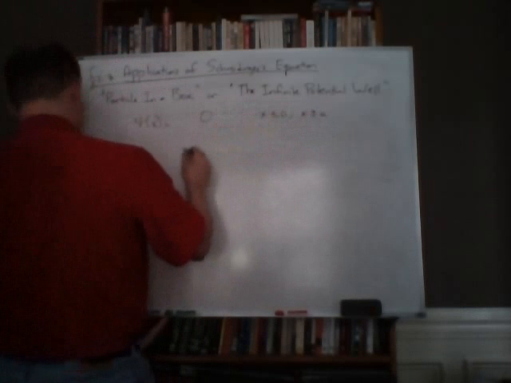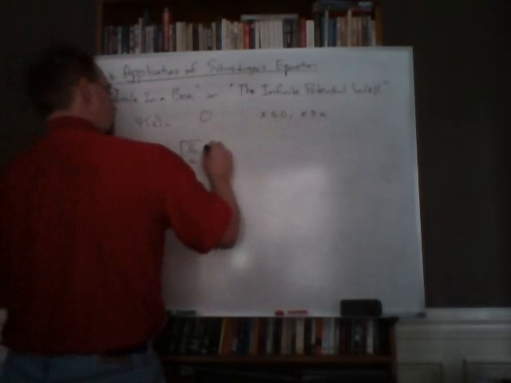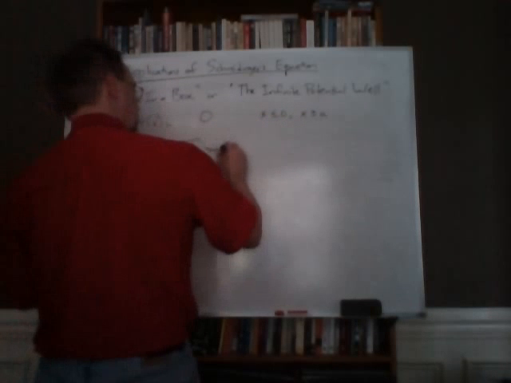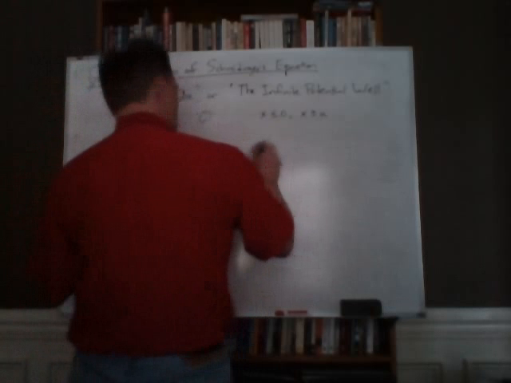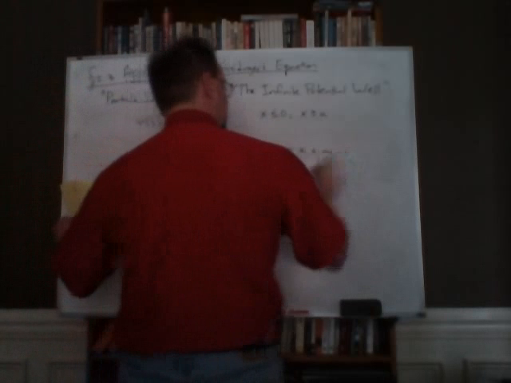Inside the well, we've got the square root of 2 over a times sine kx. So this is for x inside the box.